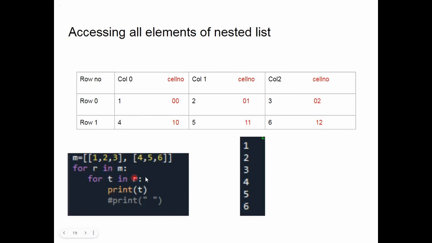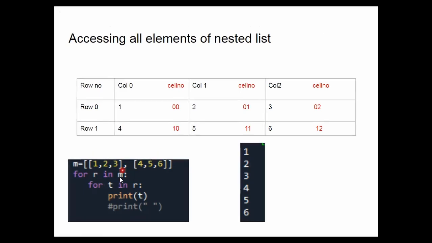Your M is a 2 by 3 matrix, that is, a matrix of 2 rows and 3 columns. So the row values will be stored in R and the column values will be stored in T. We are going to write the first for loop for accessing the rows and the next for loop for accessing the columns.